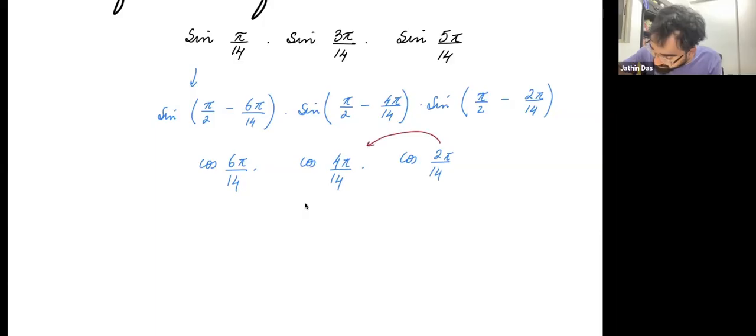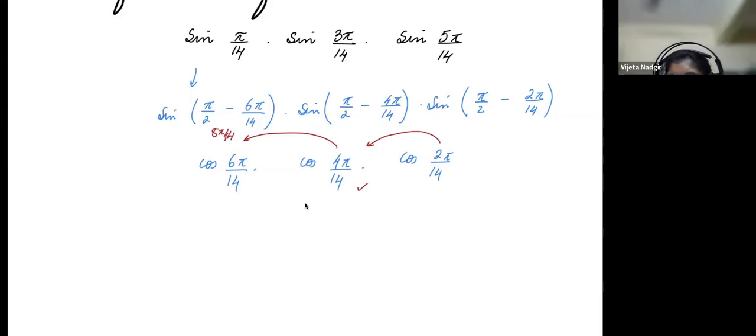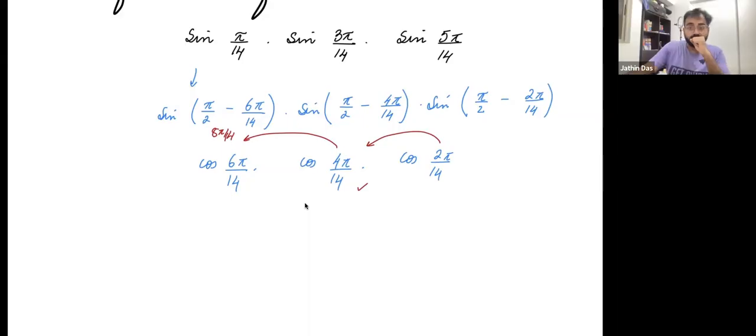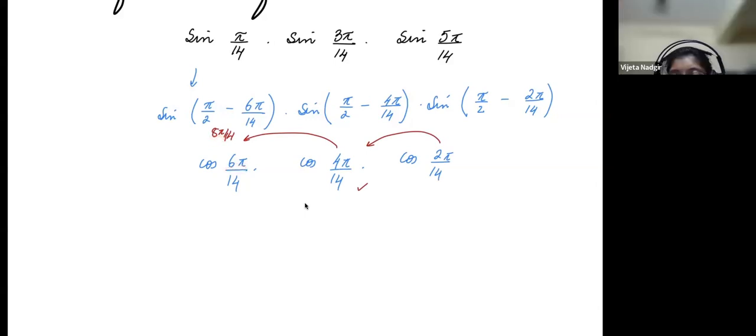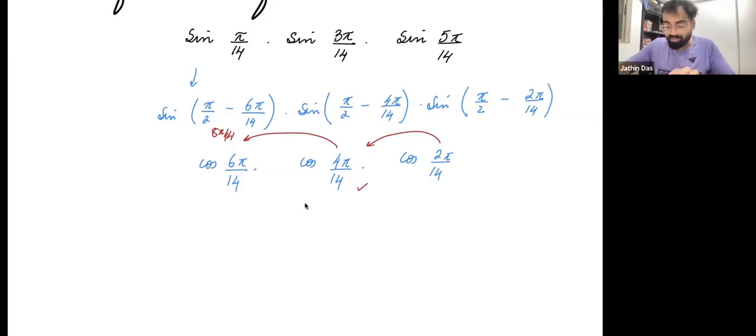The double of this is 8 pi by 14, but are you getting 8 pi by 14 there? No. Now think, 8 pi plus 6 pi, how much is that? 14. So what do we play with there? Pi. Good. So cos of pi minus 8 pi by 14, I can write it like this.